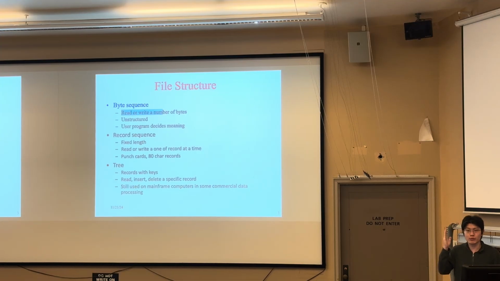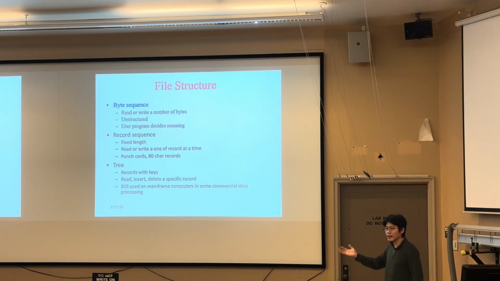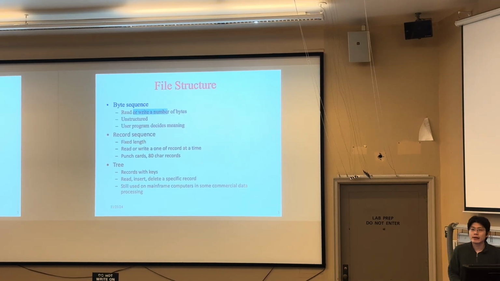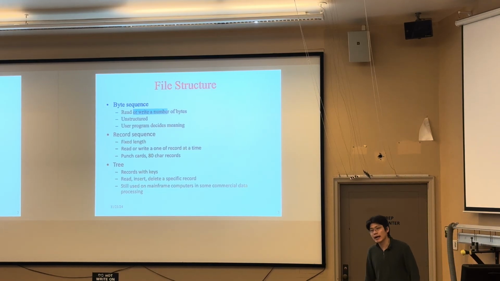For example, I start reading from position 10, and I will read until position 20. Similarly for write, I want to start modifying at position 20, and I will overwrite 10 bytes in this byte sequence. This is one way to organize a file, and it was used in the very early days, and even today.